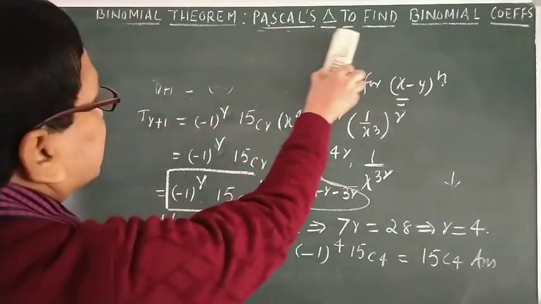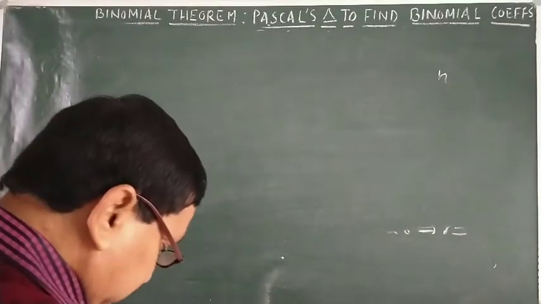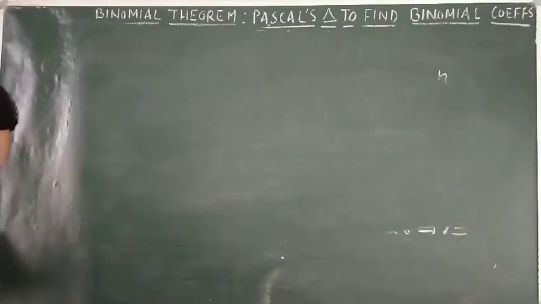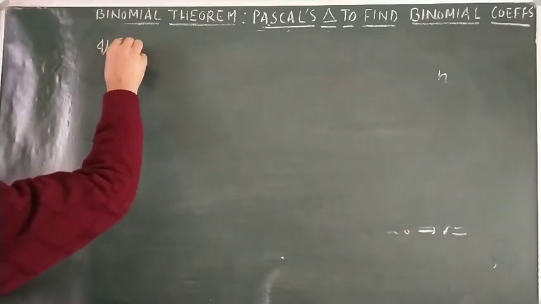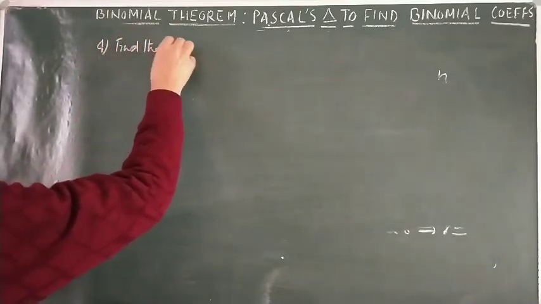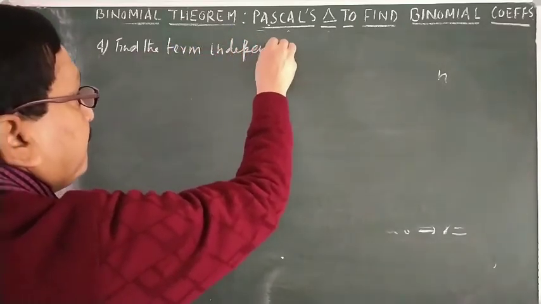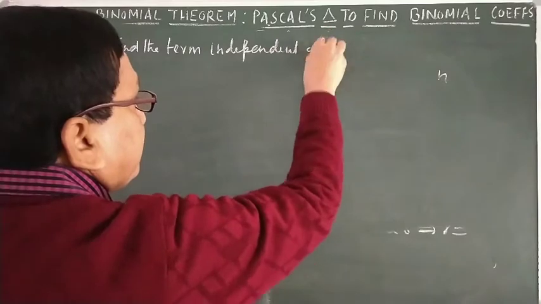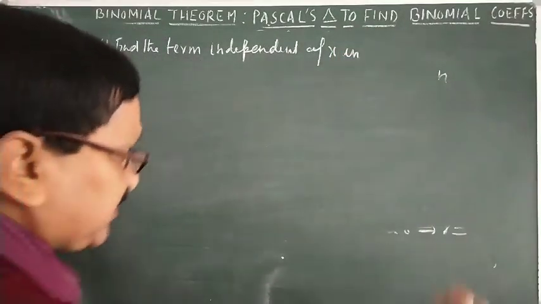Now moving towards another problem. This is the fourth problem. Find the term independent of x in x squared plus 1 by x.